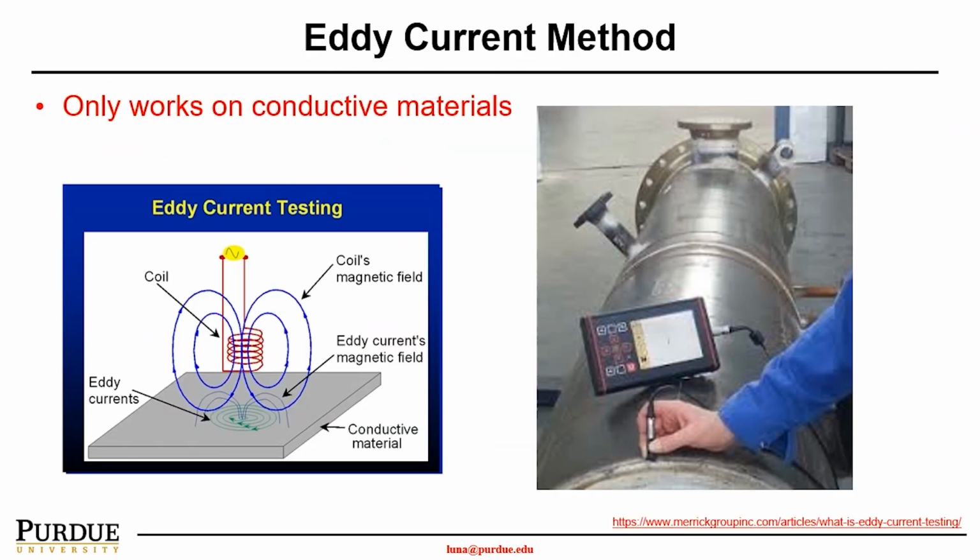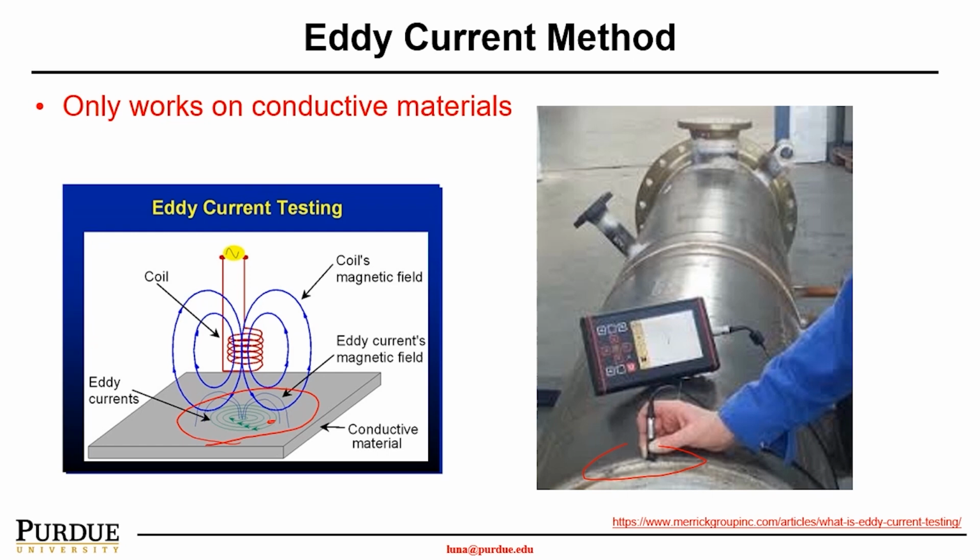So here is to show you how people use eddy current to understand if there is any fatigue crack induced in this pipe, or if there is corrosion, right? By looking at the eddy current pattern, if there is a crack, then the eddy current will change, the impedance will change, right?